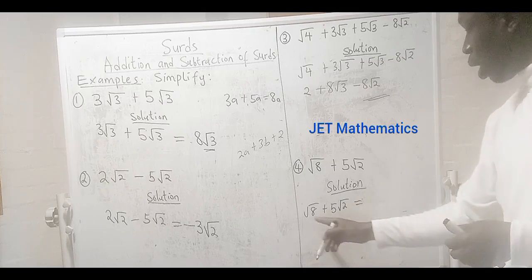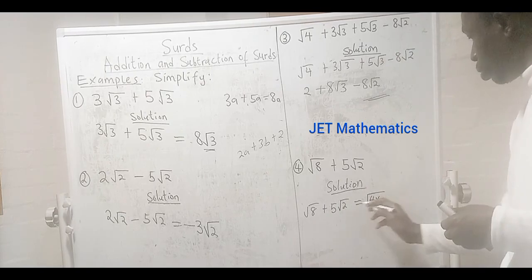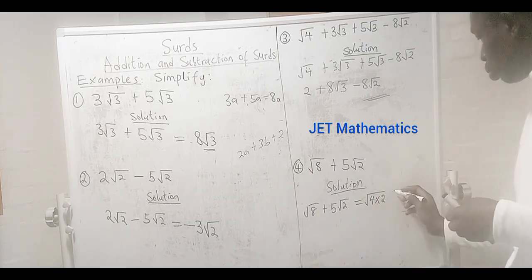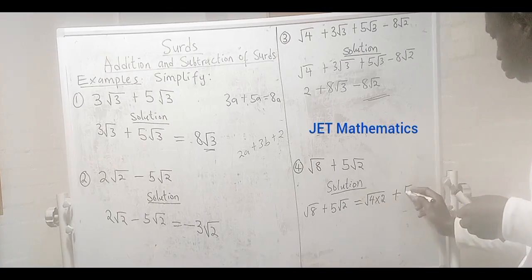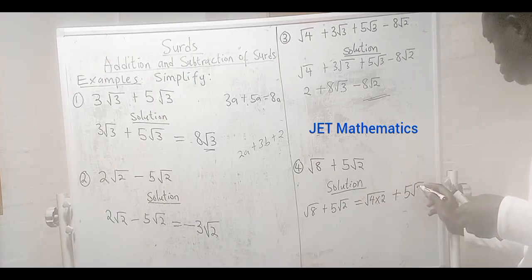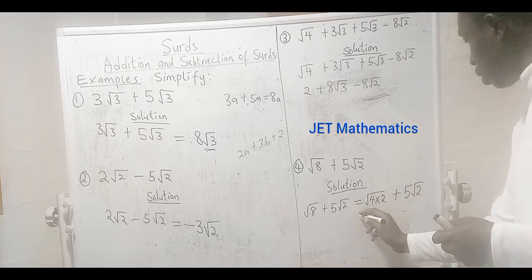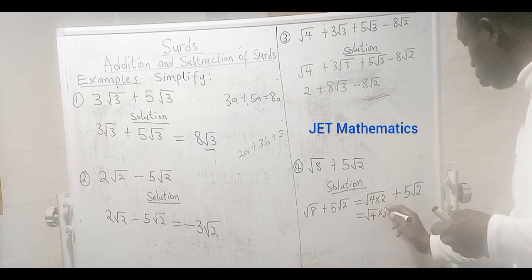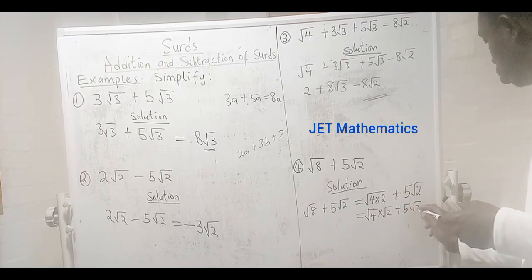Our 8 is the same thing as writing the square root of 4 times 2, plus 5 root 2. And I told you in our last video that you can break this into root 4 times root 2 plus 5 root 2.